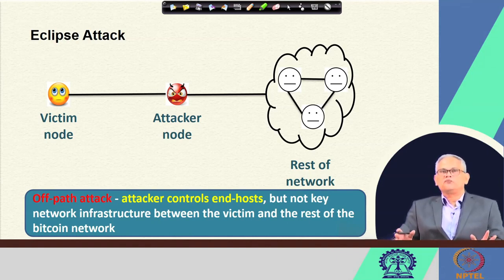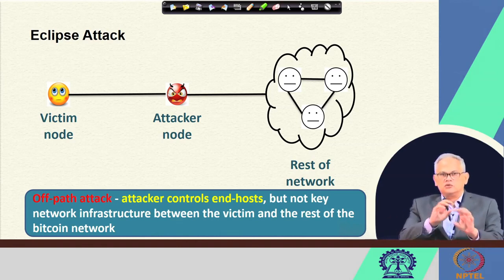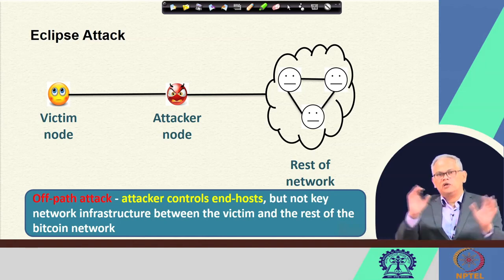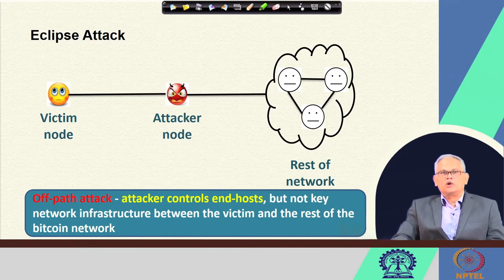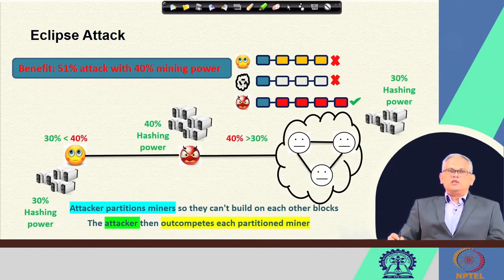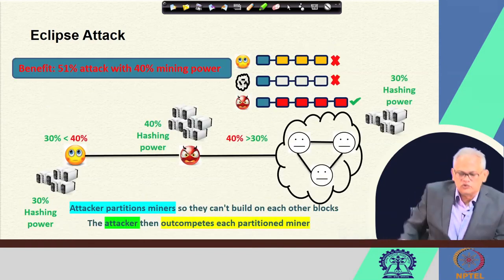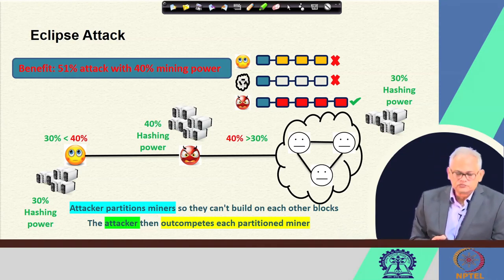That is why the network infrastructure is not completely blocked or made unavailable to the victim node. It is just coming in between, in the path between the victim node and the rest of the network. So, the question is: why would the attacker do this?